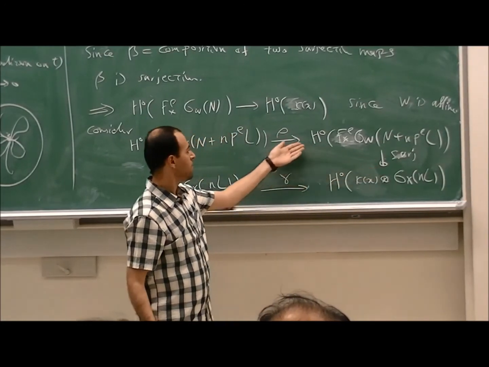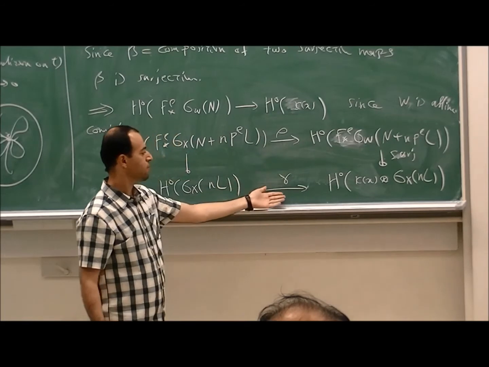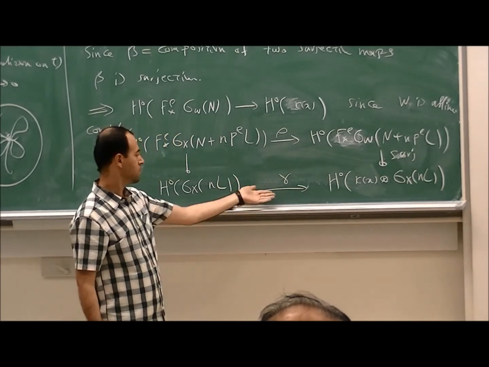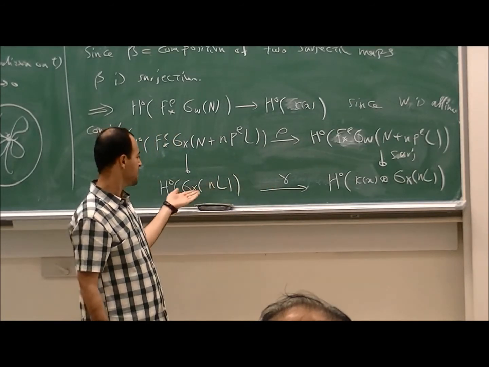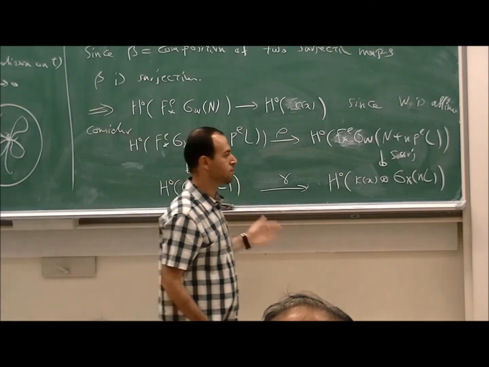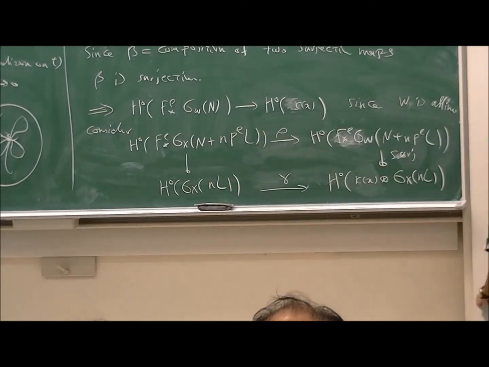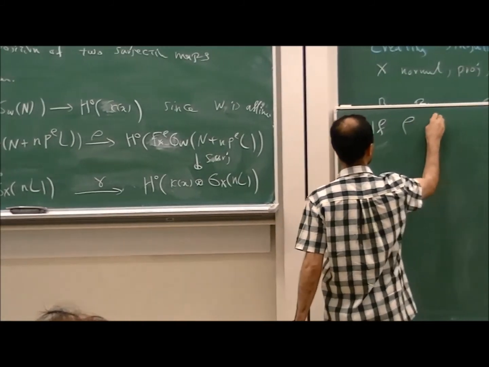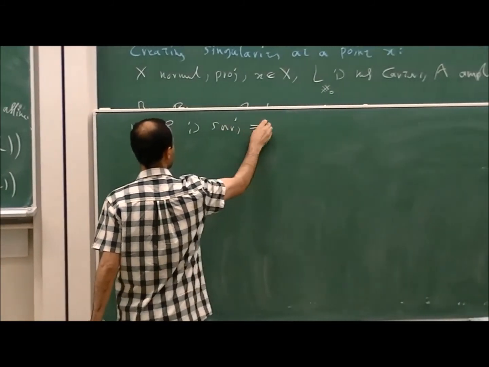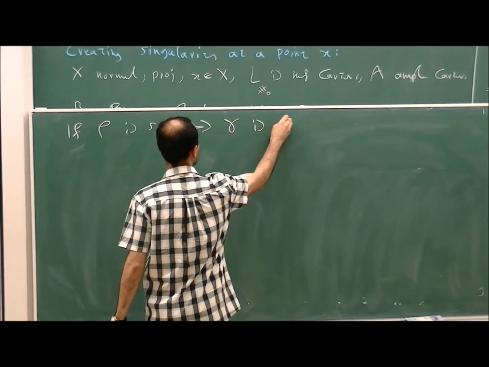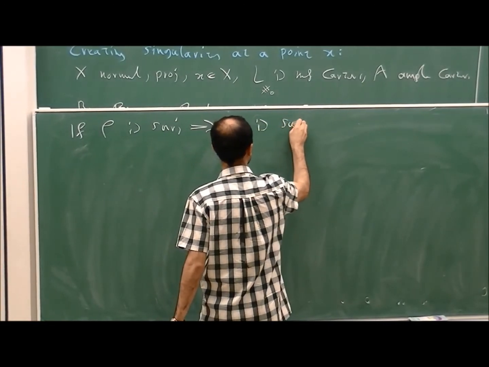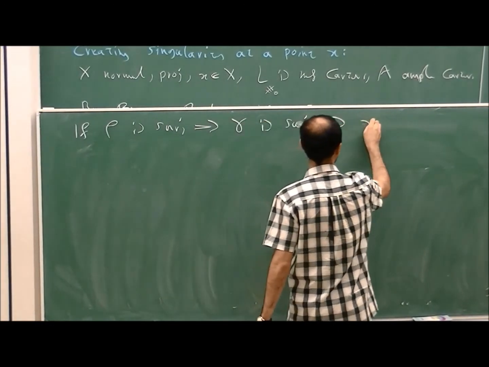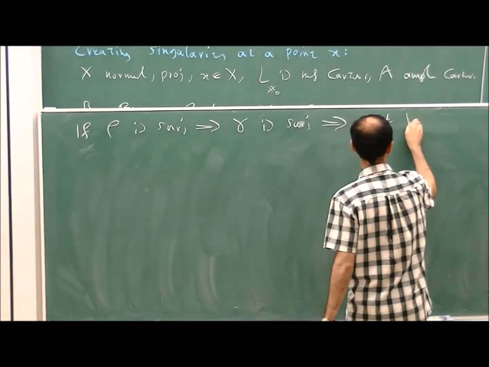So I already noted it's surjective. If I show that this rho is surjective, it implies that gamma is surjective. But gamma being surjective exactly means x is not in the stable base locus, or in the base locus of n times L. So if rho is surjective, this implies that gamma is surjective. This implies that x is not in the base locus.